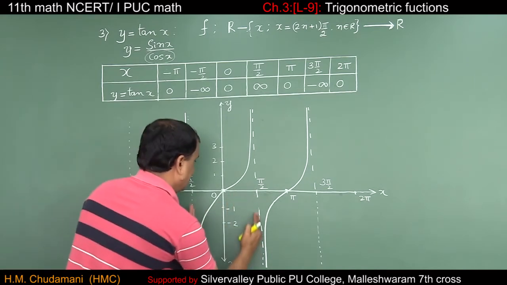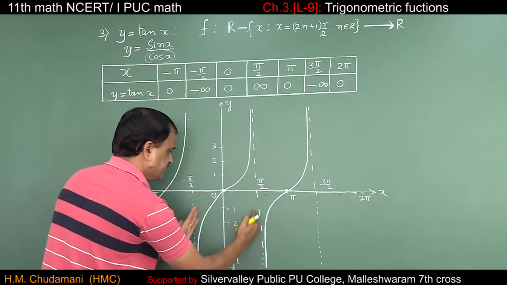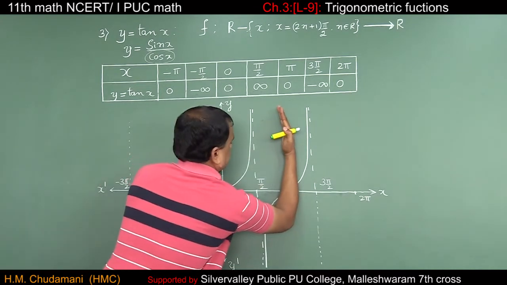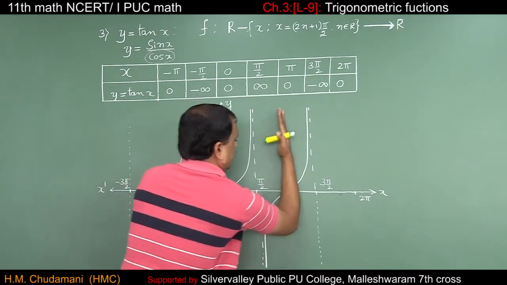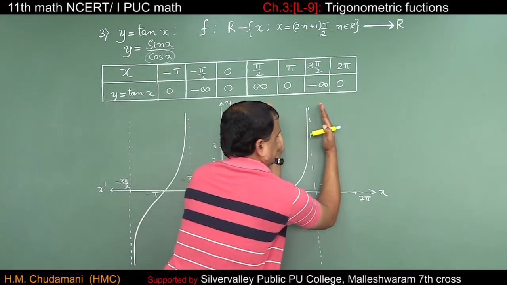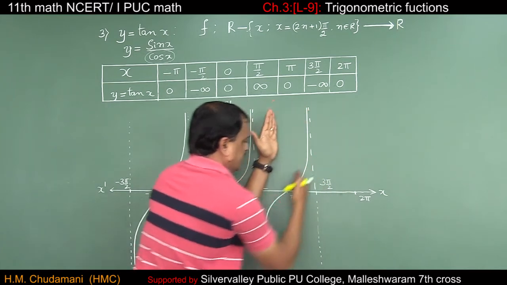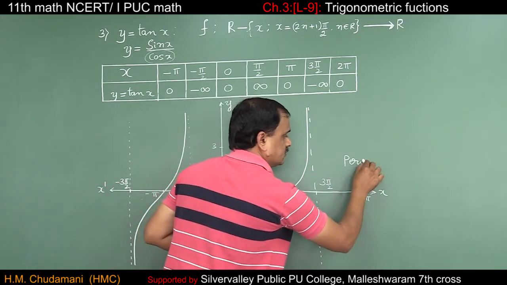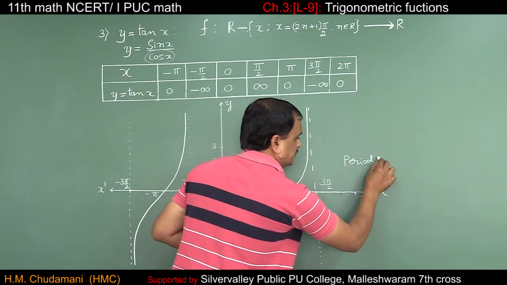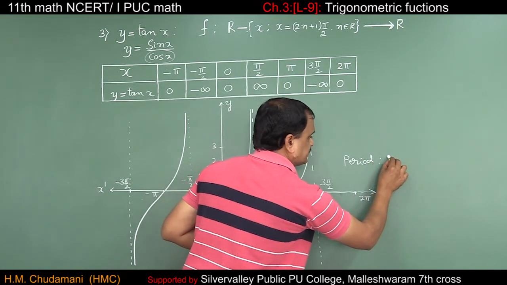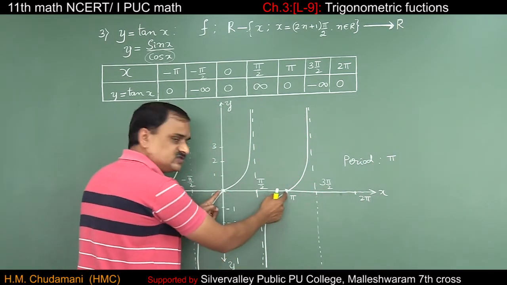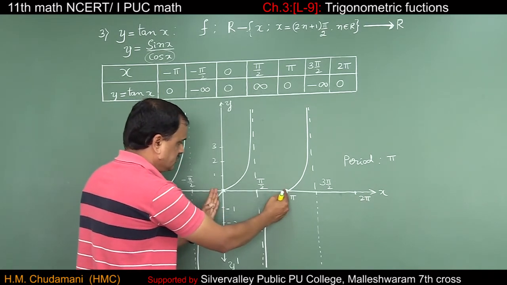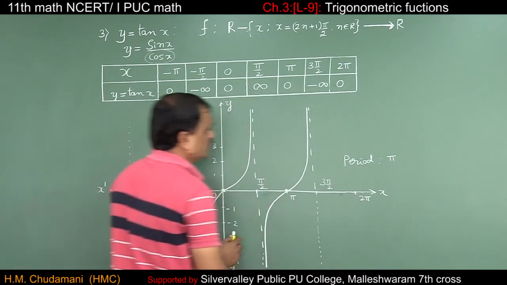See, from 0 to pi let us take this branch, look at this portion. After this interval again it repeats. That's why the period of this function is pi. After each pi the curve is going to repeat.